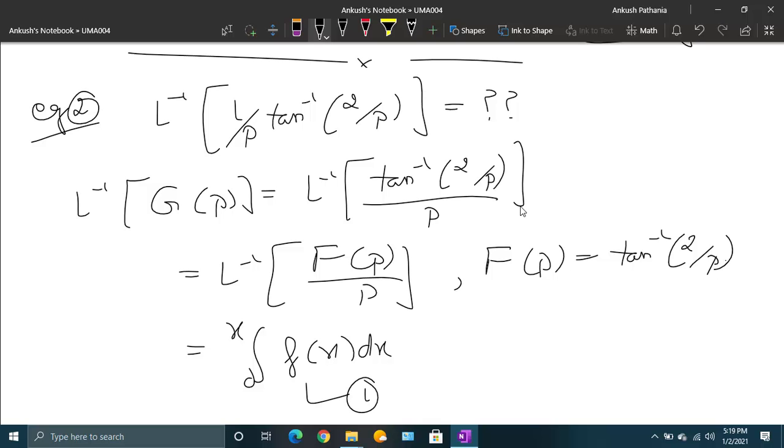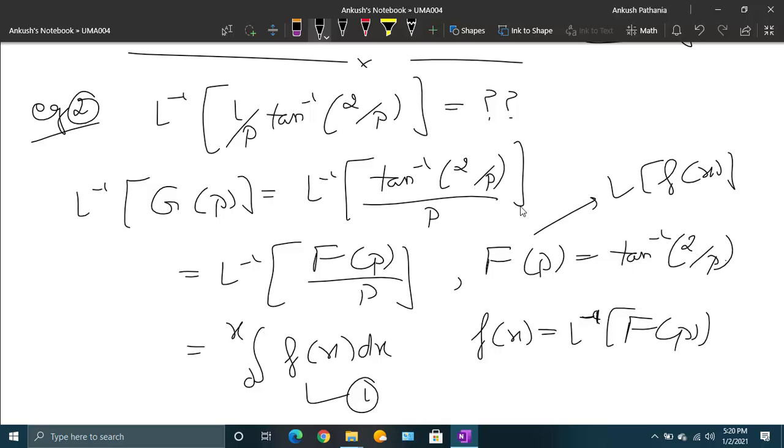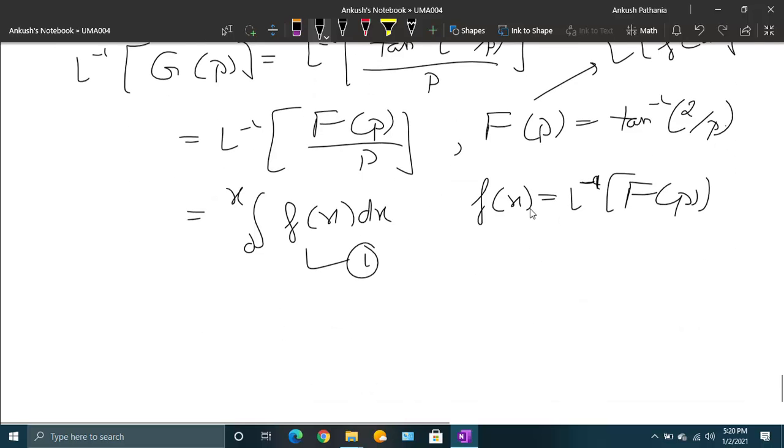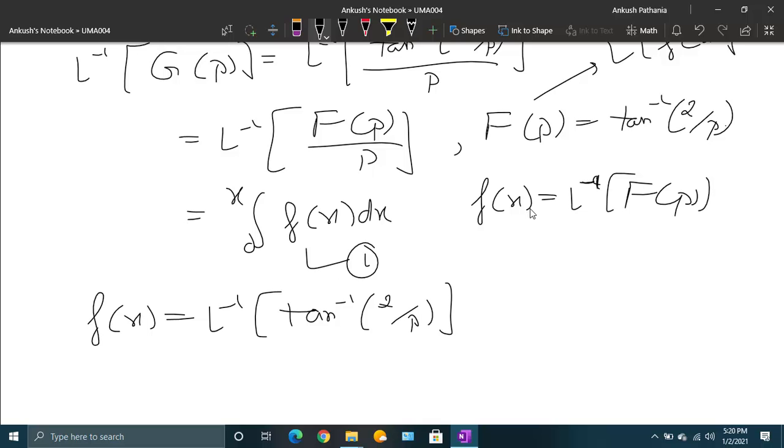So I need f(x) to go further to solve this integral, and f(x) will come from this F(p) by taking the Laplace inverse of F(p). So this F(p) is basically the Laplace transform of f(x), and f(x) will be the Laplace inverse of F(p). So f(x) is equal to the Laplace inverse of tan inverse of 2 by p. That is what I need to find now.